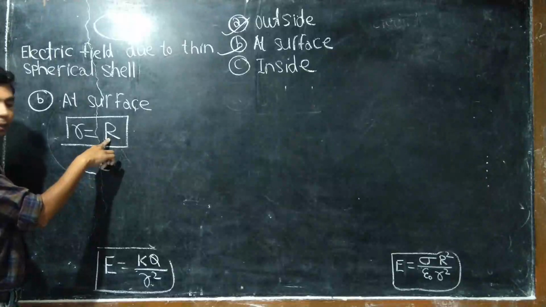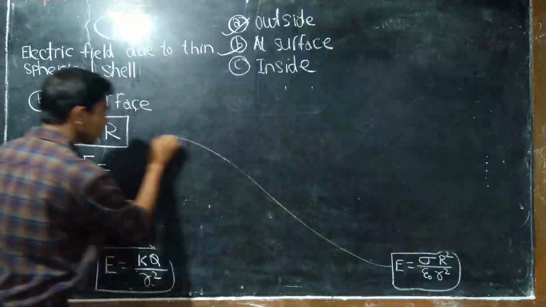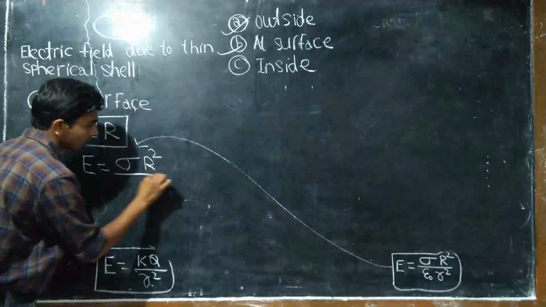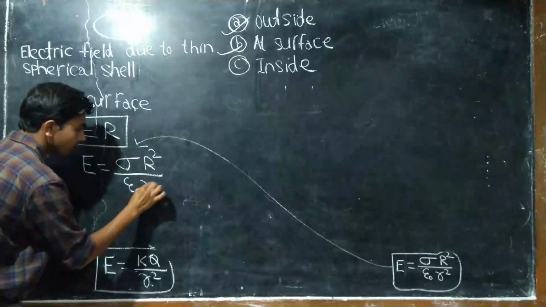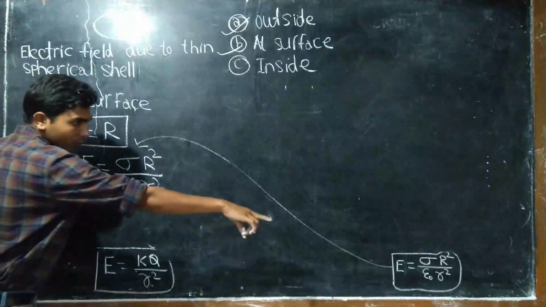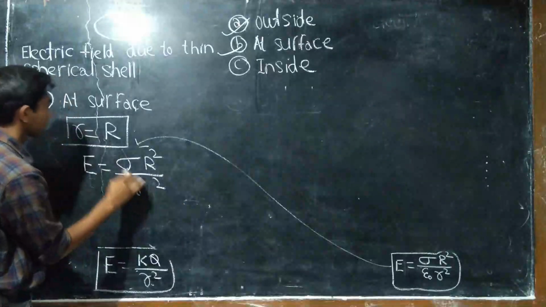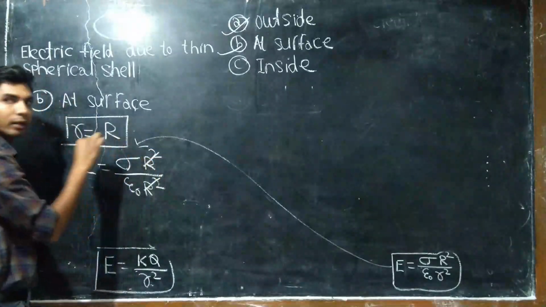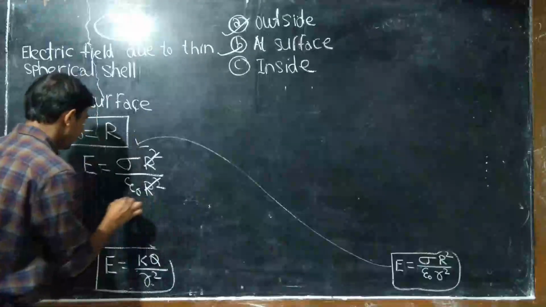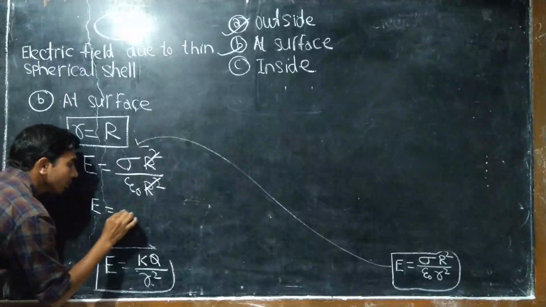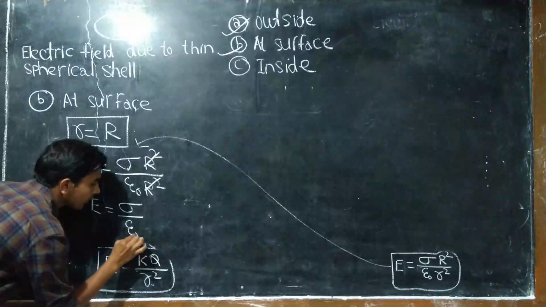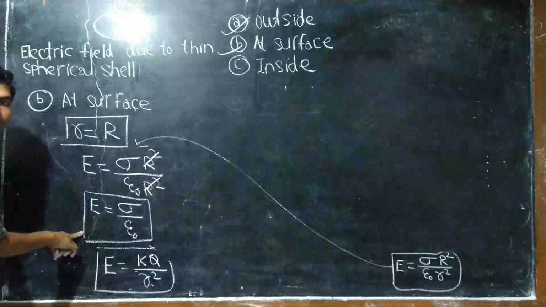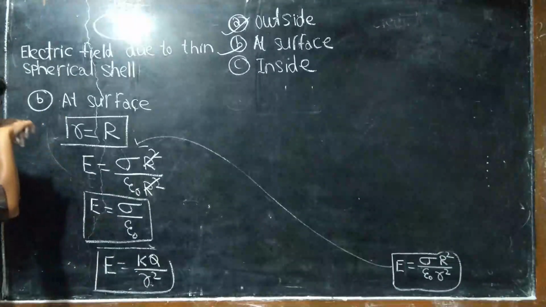From the earlier formula you can write sigma R square by epsilon 0 r square, and this r square is capital R square, so it cancels, right? So what value is coming? E is equal to sigma by epsilon 0. So this is your value of electric field at the surface of a thin spherical cell.